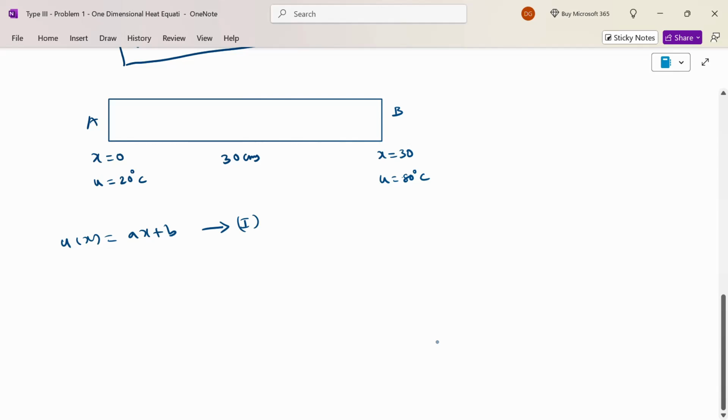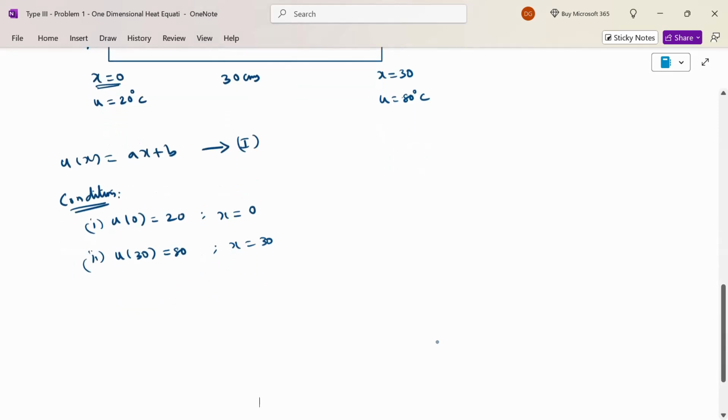And what is the boundary condition? Here we are going to apply the conditions at end A and end B. So the boundary conditions: first, u of 0 equal to 20 when x equal to 0. And second, at the other end, u of 30 is 80, x equal to 30.